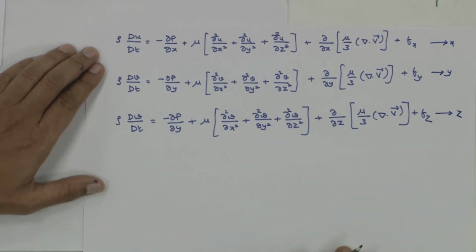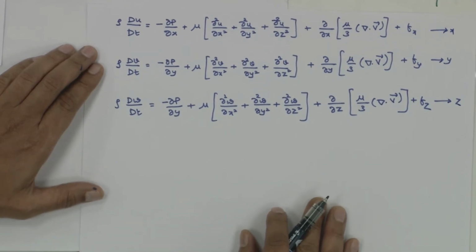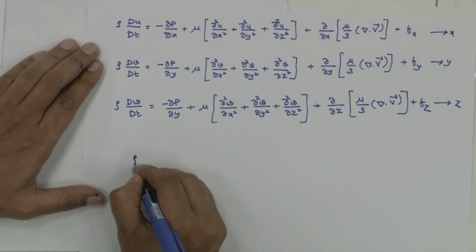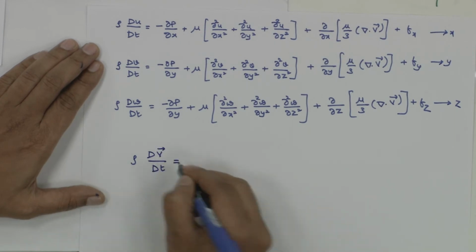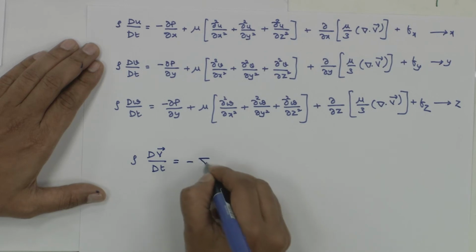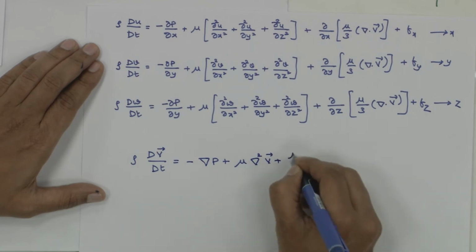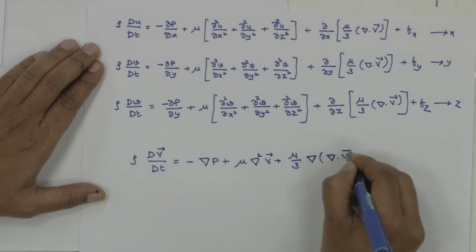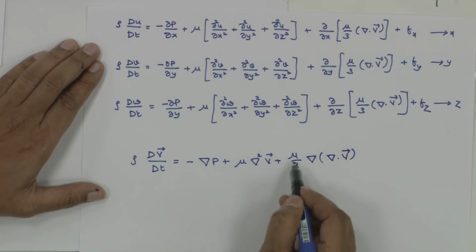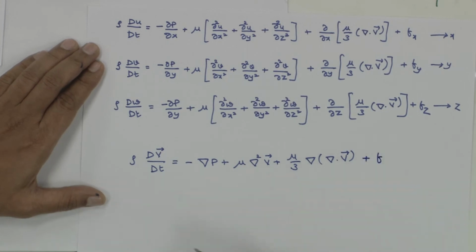Okay. So if we combine all of this and write in vectorial form, we can write this as rho dV by dt is equal to minus del p plus mu del squared V plus mu by 3 del of del dot V. Please notice I have pulled out viscosity, I have already assumed viscosity is constant, plus f.